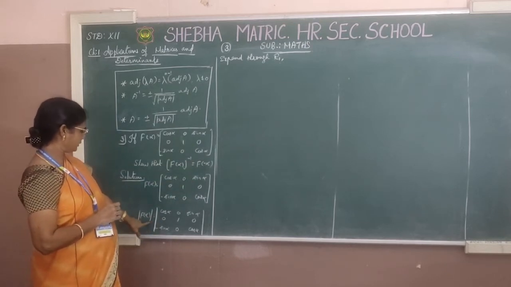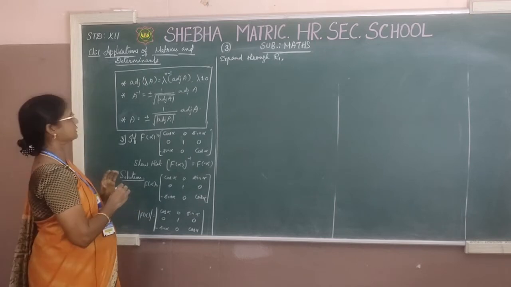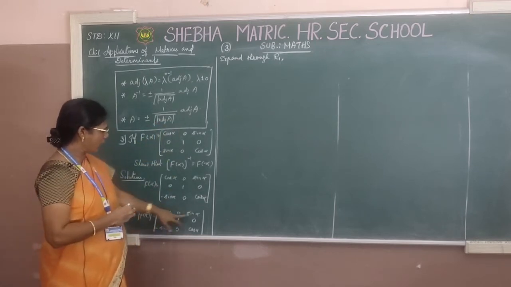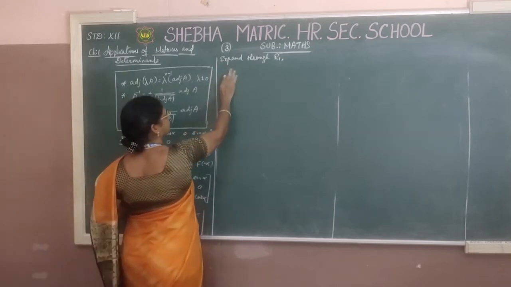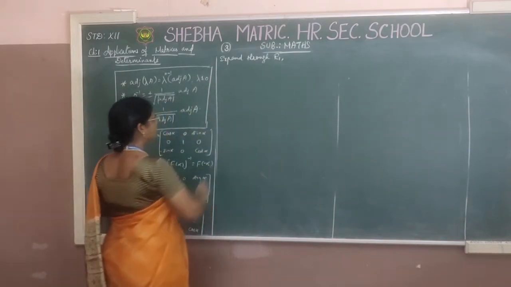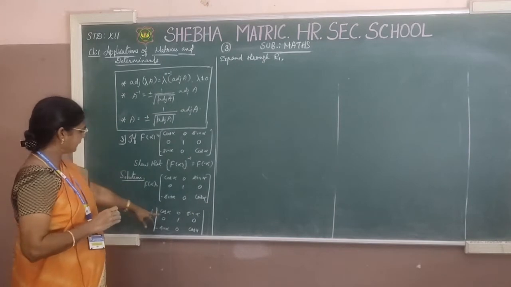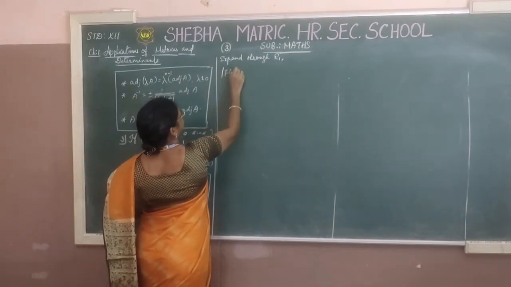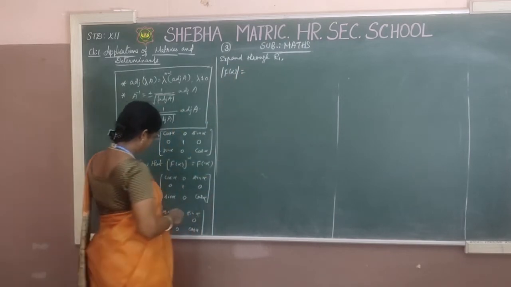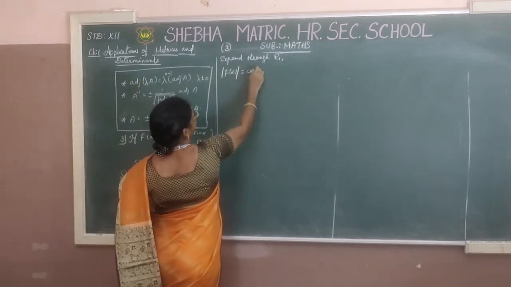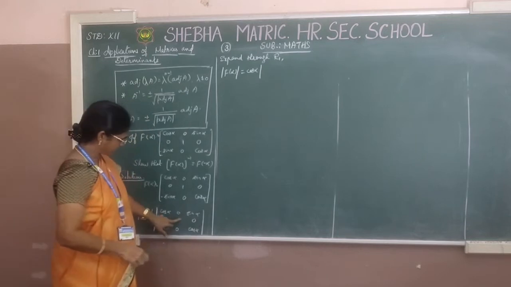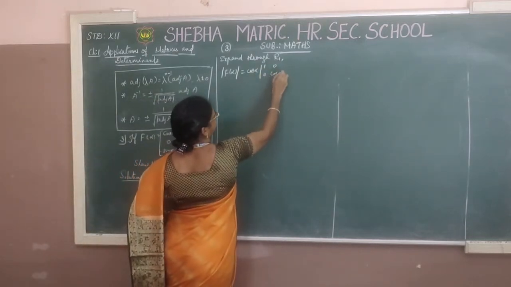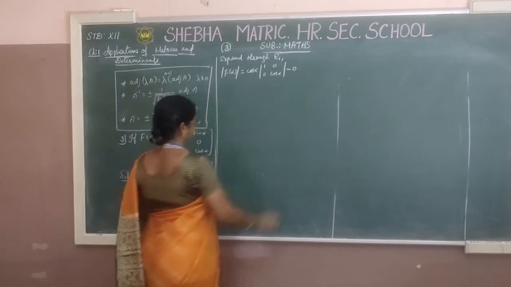So, how to find the determinant value? First we can expand through R1. This is normal only. Usually we do through R1 only. Listen, first determinant of f of alpha is equal to cos alpha into, write the minus 1 0 0 cos alpha, 1 0 0 cos alpha, and minus 0.